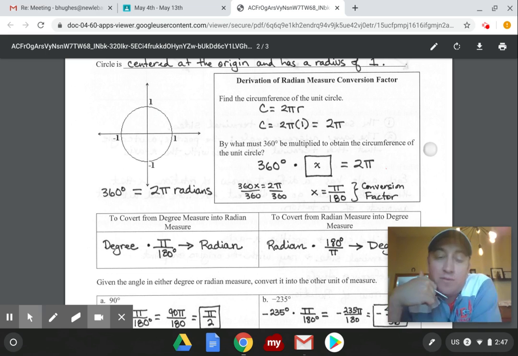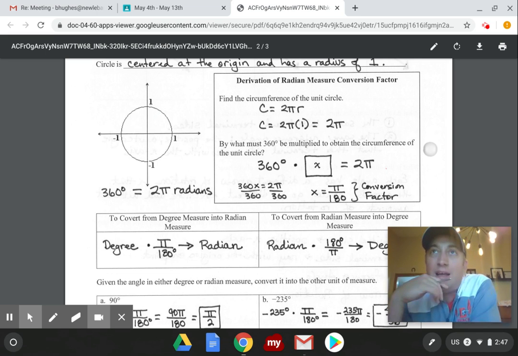Now, in terms of radians, we're really talking about the length of the arc or the circumference around the circle. So if my radius was 1, which it always is in the unit circle, how do I find the circumference of the unit circle? I'll just use 2 pi r, where the radius is 1, so it's 2 pi. So that is really in radians.